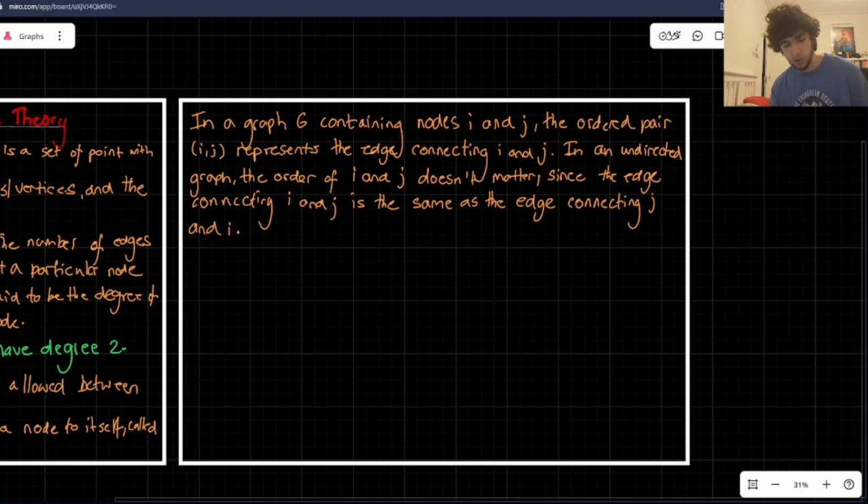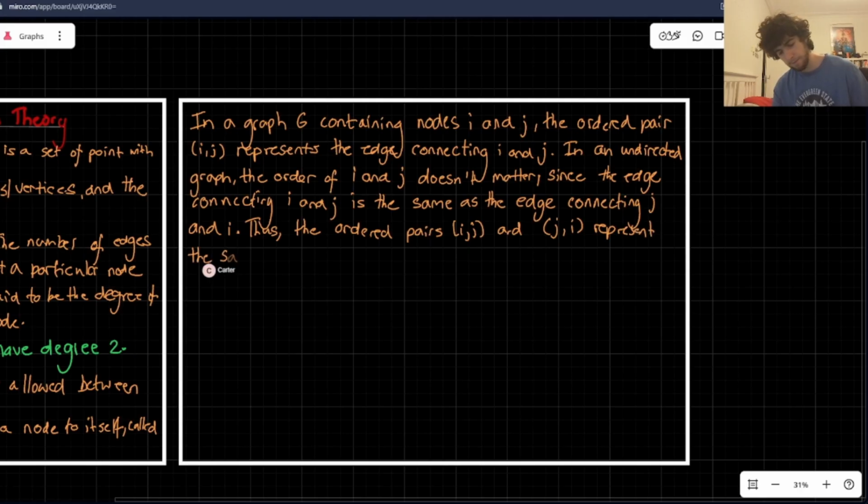And so, thus, the ordered pairs IJ and JI represent the same edge, effectively.